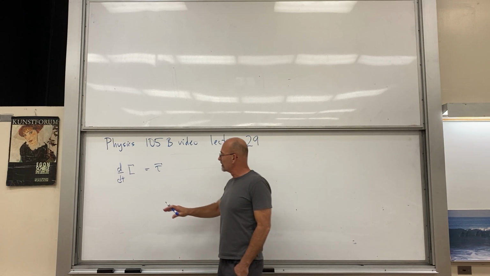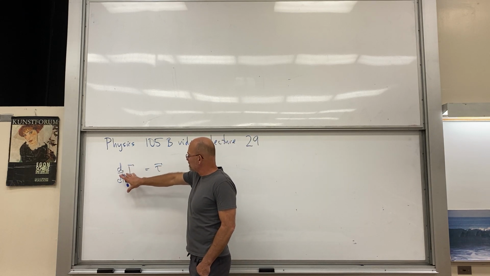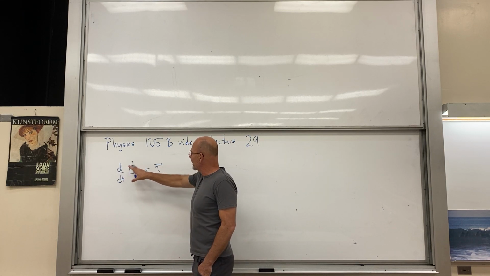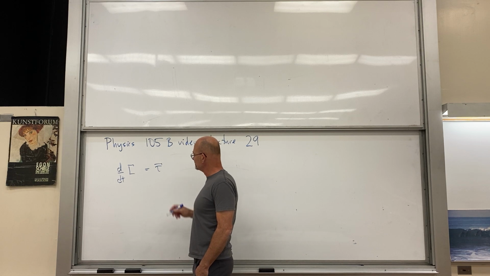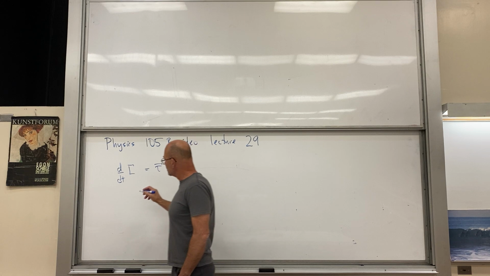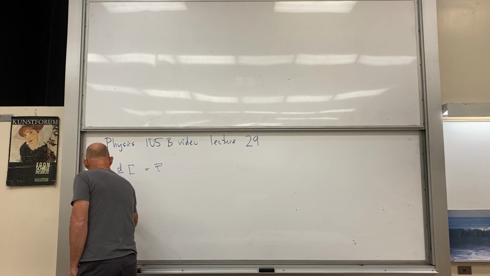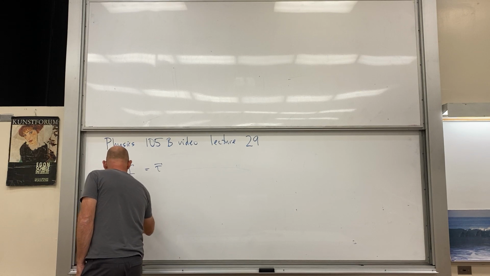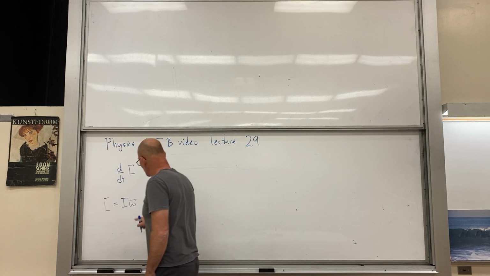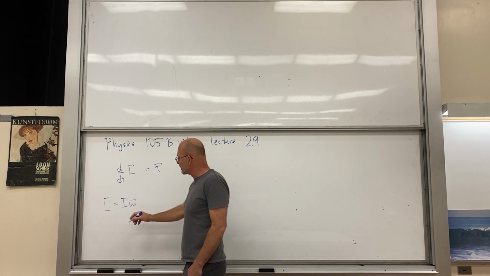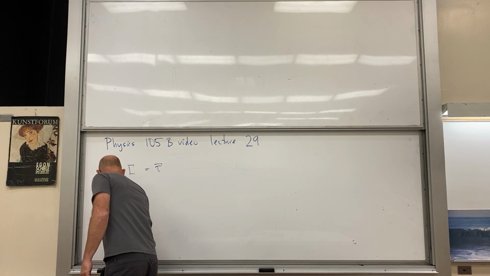Then we know that the time rate of change of the angular momentum is equal to the external torque. And that's very difficult to deal with because we have L is equal to I omega, where this is the inertial tensor. For the record, I'll put it in there again.